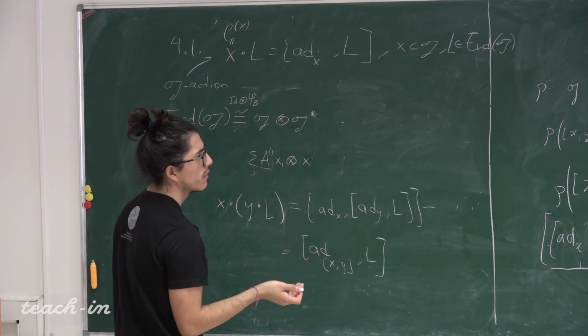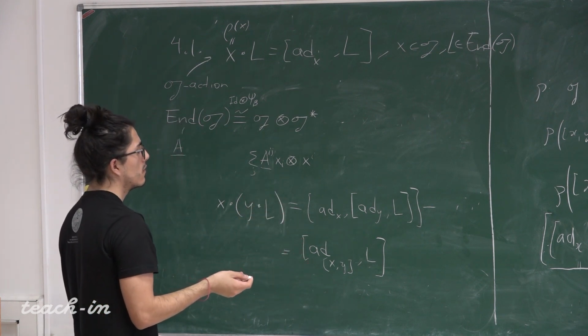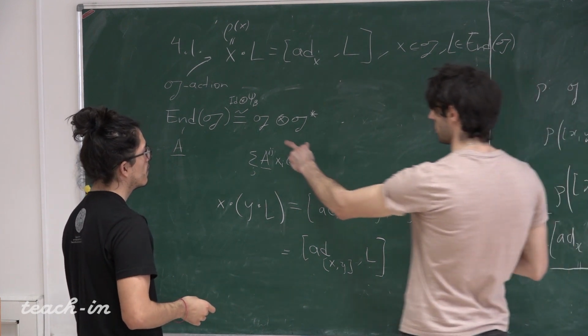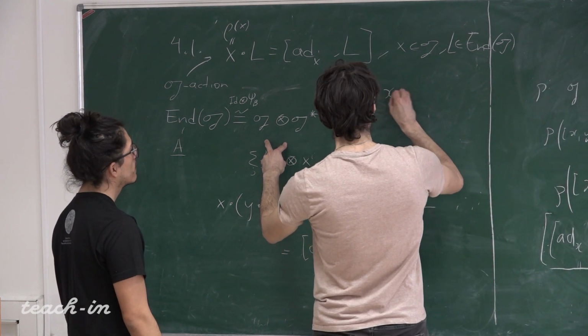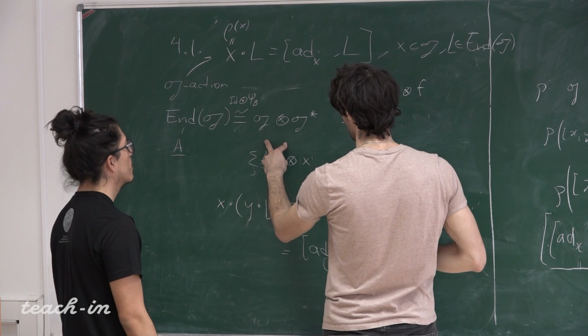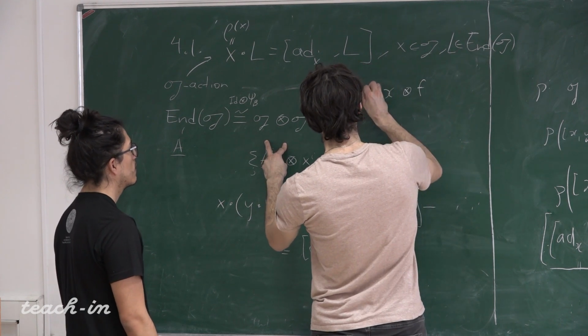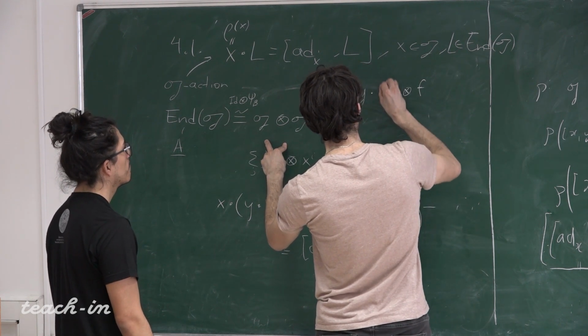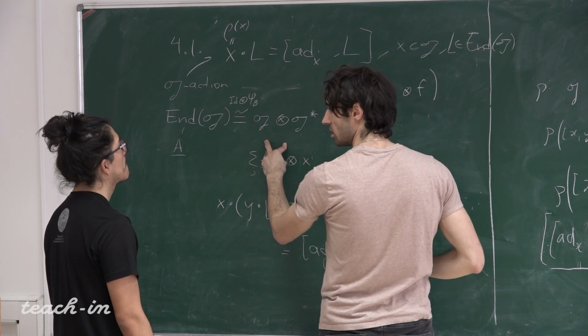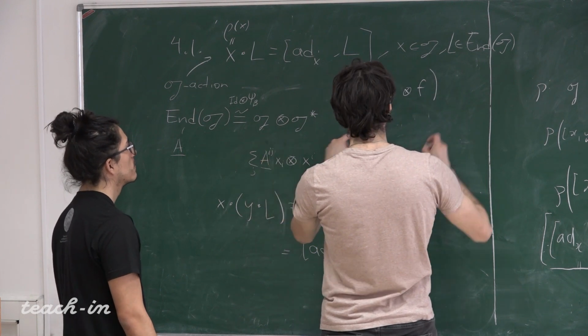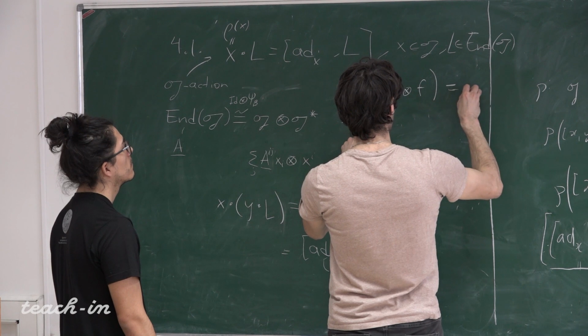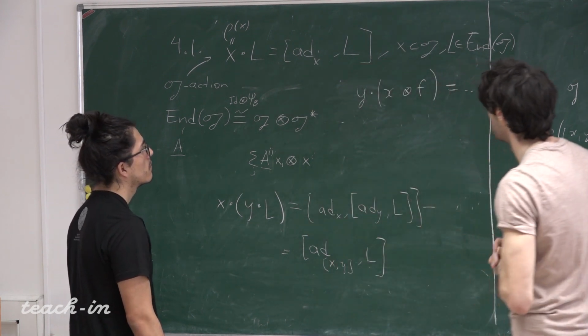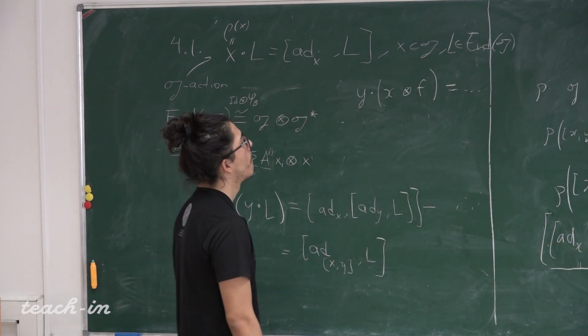So what I mean is this thing is something like X tensor F, right? And suppose that I take Y and act on this. What is the result of this action?